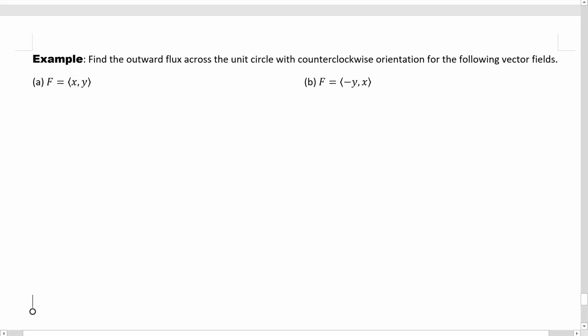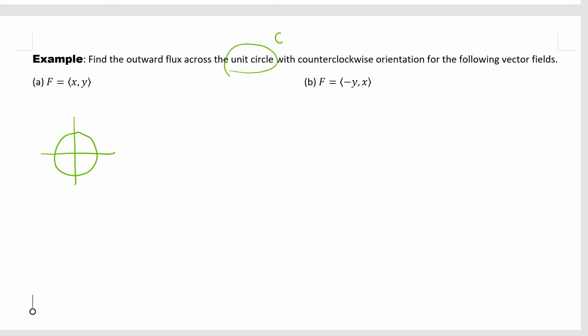So circulation, let's draw a picture. So here we have a unit circle. Okay, so C is the unit circle with orientation counterclockwise. And then what is the parameterization for it? We have the natural parameterization, that's cosine t, sine t. Right, everybody?